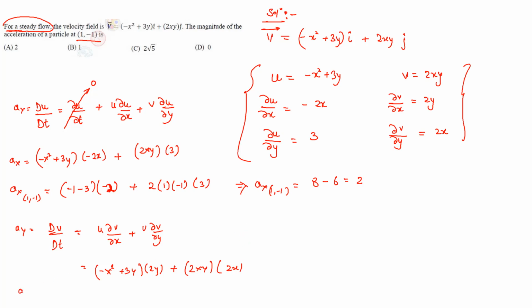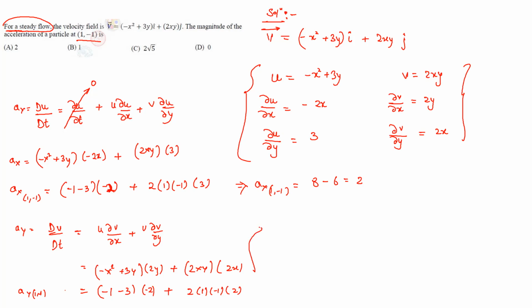And we can now substitute our 1 comma minus 1 point here, and we can see that this will be minus 1 minus 3 times 2 minus 2, plus 2 times 1 times minus 1 times 2.